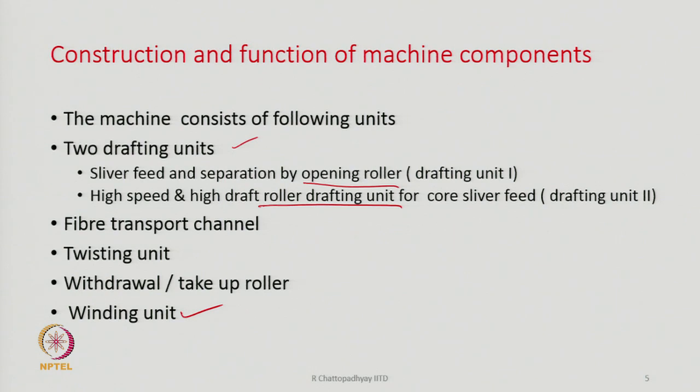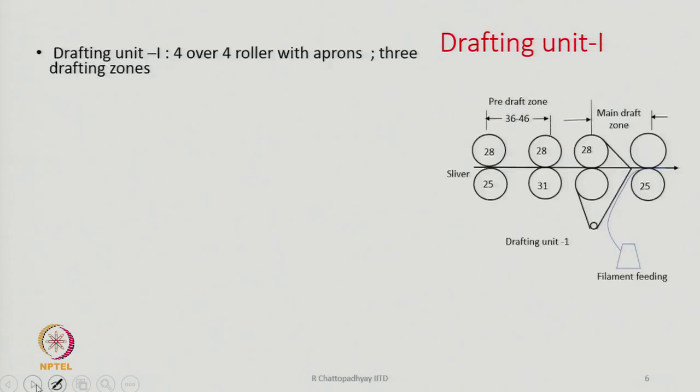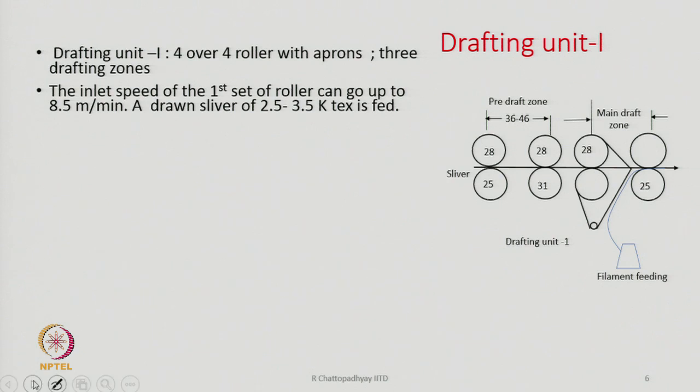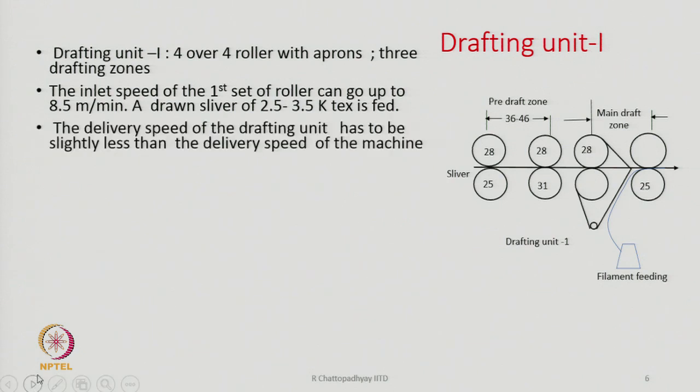Now, drafting unit 1, if we look at it, you are already familiar with the drafting system. We have studied drafting systems on draw frame, on roving frame, on ring spinning machines, and so many places. So, here also we have basically a roller drafting system, and we have 4 pairs of rollers, because we have to give very high draft.